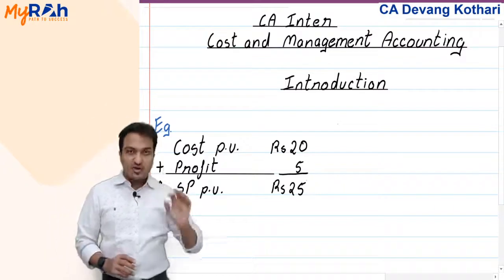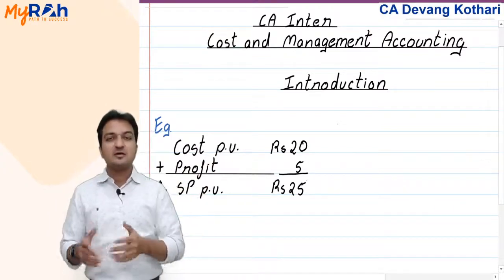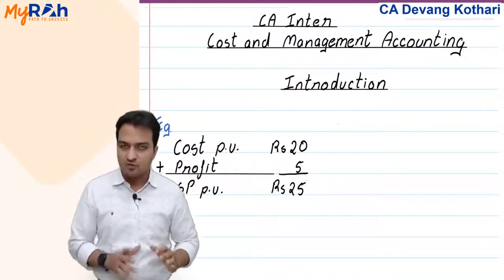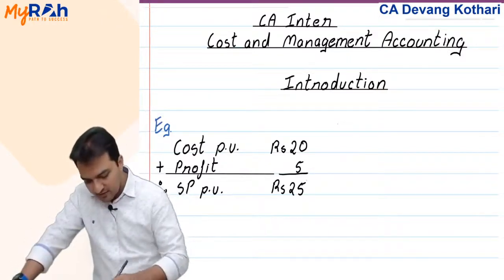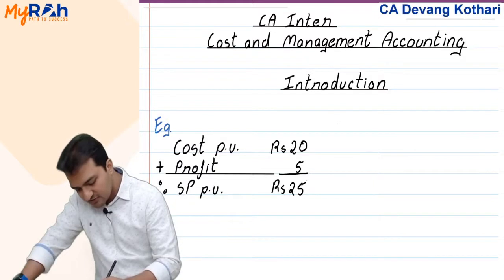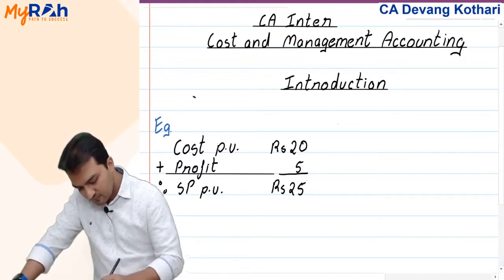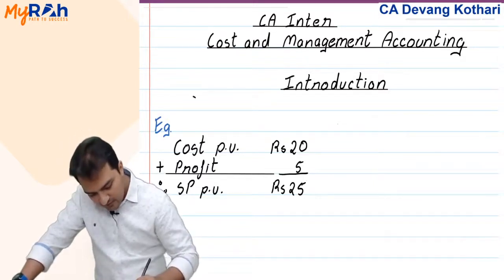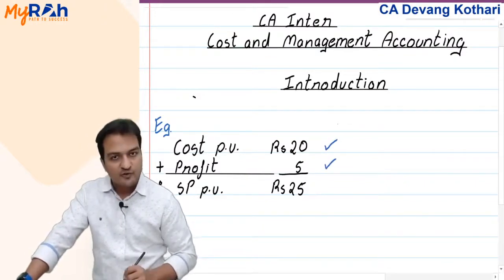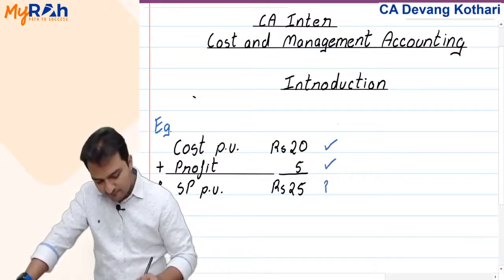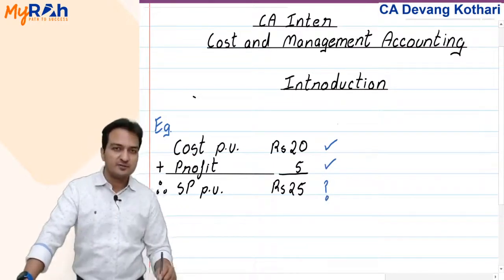So consider this as the basic purpose of my subject of costing. Why did I calculate the cost? I calculated the cost so that I can add a profit and therefore decide the selling price.